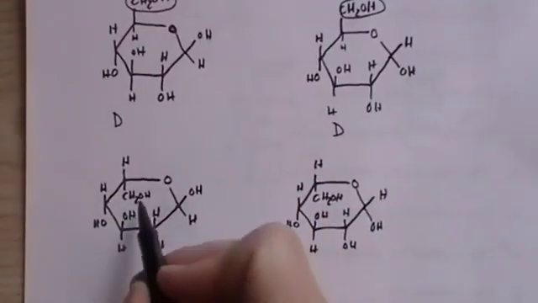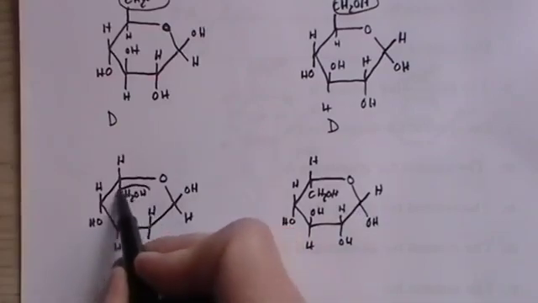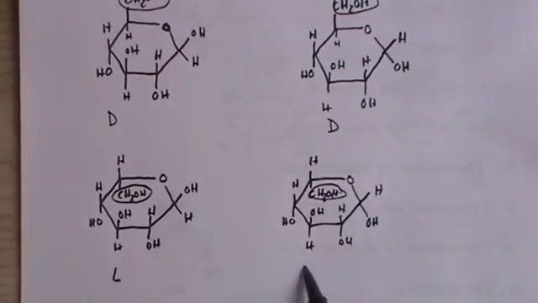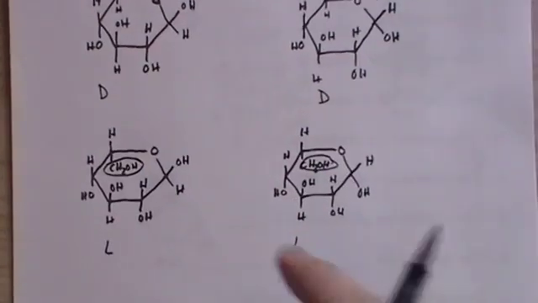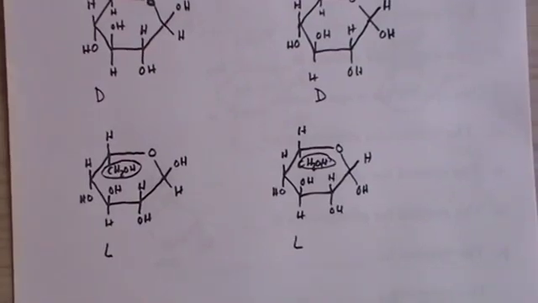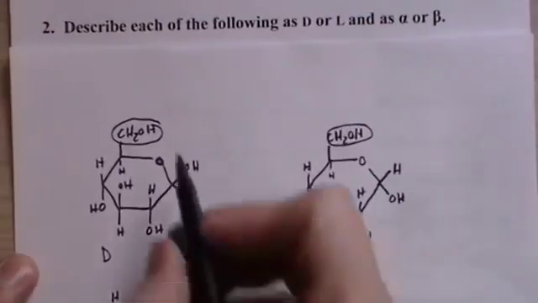And then below here, these rings below, we have the CH2OH below, so those are L. Those would have been the ones where the last OH group on the last chiral center is on the left, which would have forced these guys down. Now we have to look in comparison to them.